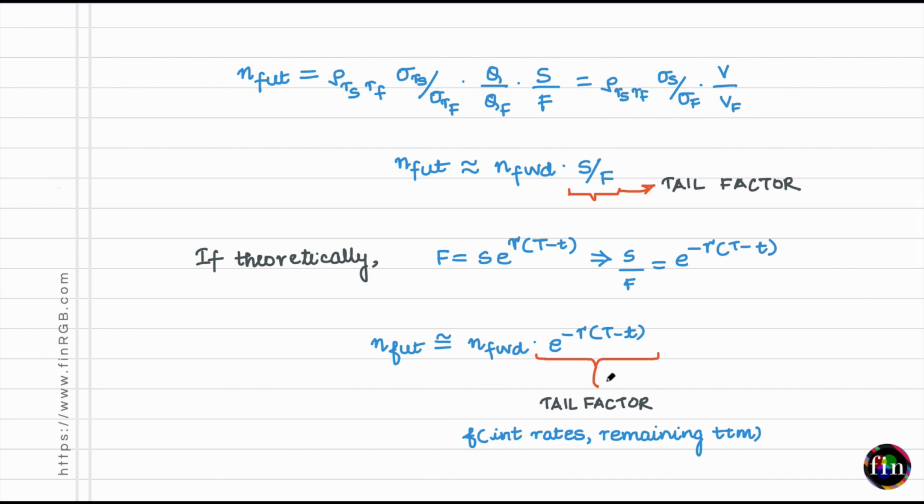This tells me that the impact of the tail factor, something which got introduced when we tried to get the daily settlement feature in, depends on two things. It depends on interest rates and it depends on the remaining time, on how long dated my futures are. Okay?